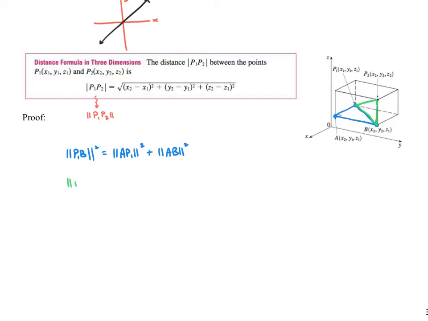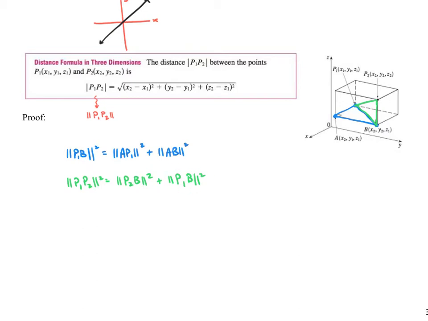We have P1 to P2 squared, and then we have P2 to B squared and P1 to B squared. So two little triangles, Pythagorean theorem for both. Now if you notice, the distance from P1 to B is written in both.